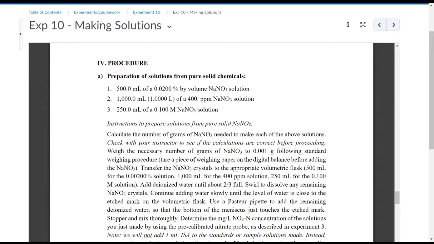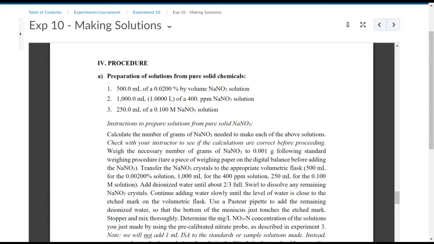Is that right? 100 milligram. So I'm going to write down somewhere, we need the 100 milligram for the first solution. Because I have to do the calculation first, and then I close the document that I'm sharing with you, the experiment. Then I go for the actual lab. So first, 0.1 gram. This is for the first solution of sodium nitrate.